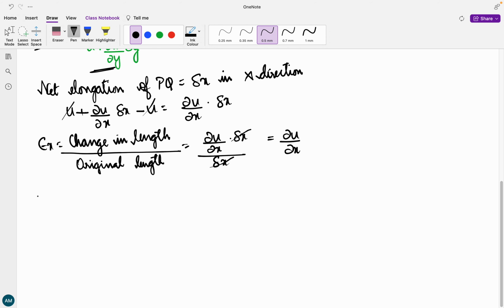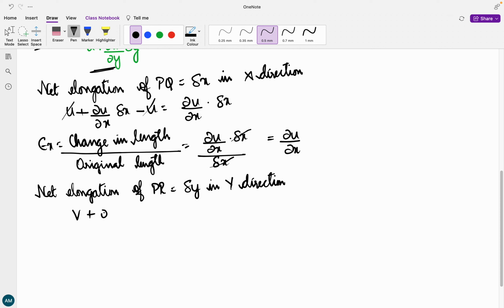Similarly, I can write the net elongation of PR, which is delta y in the y direction. It is V plus dou V by dou y into delta y minus V, and this is nothing but dou V by dou y into delta y.